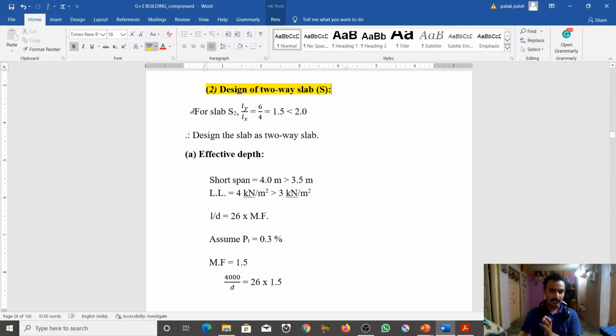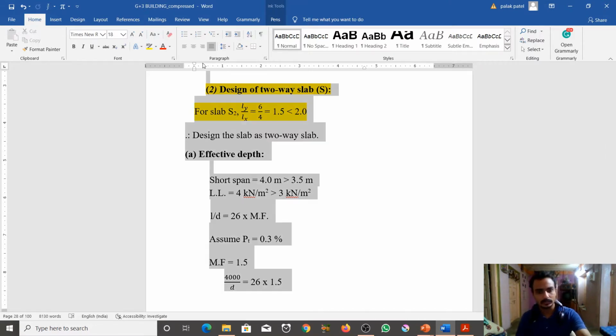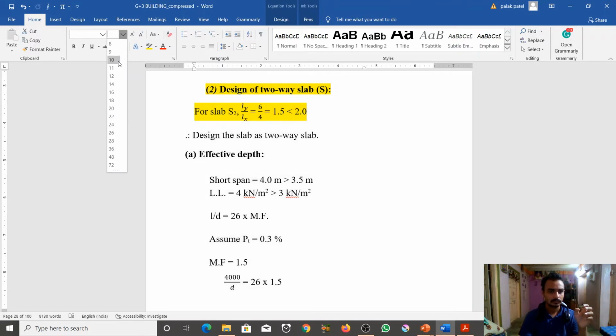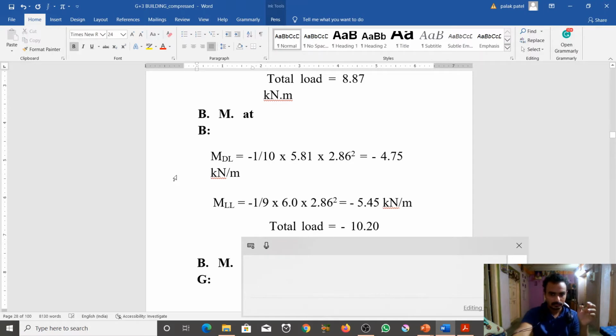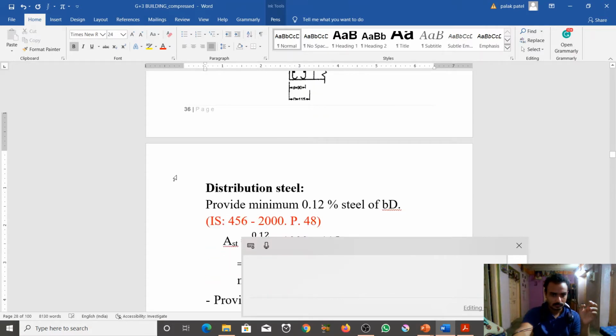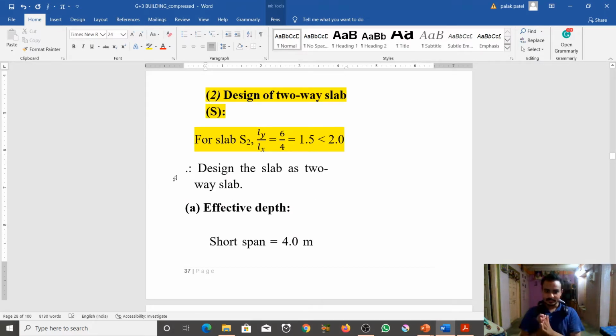How can we define whether S2 is two-way? Simply Ly by Lx. Ly means longer span, Lx means shorter span. Ly is 6 and Lx is 4.